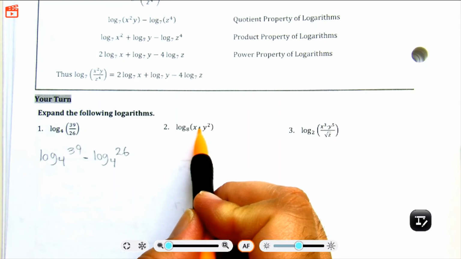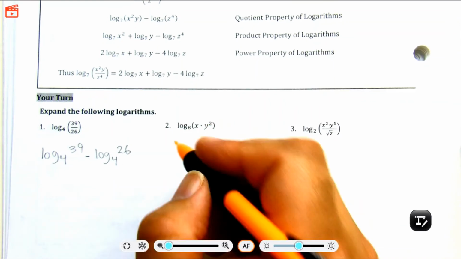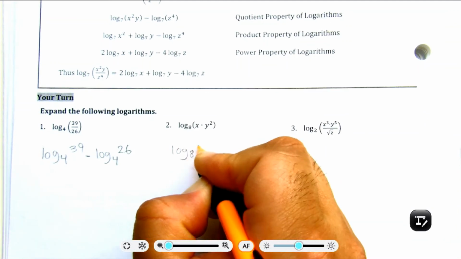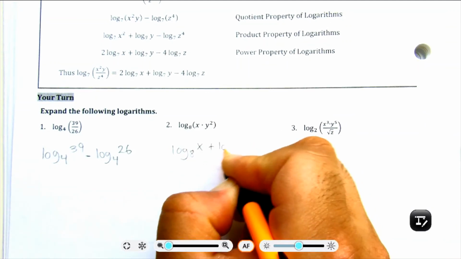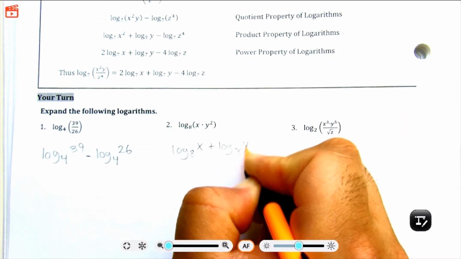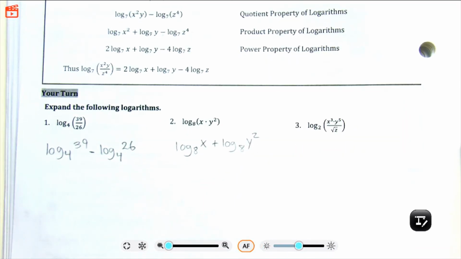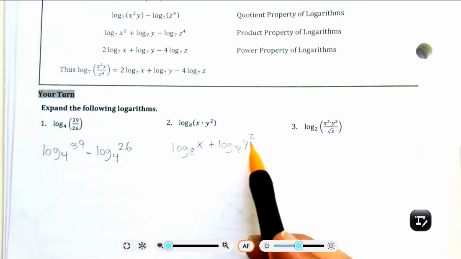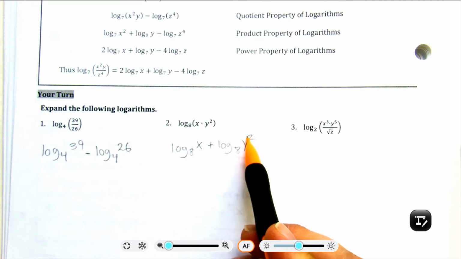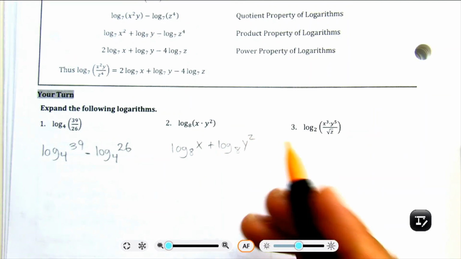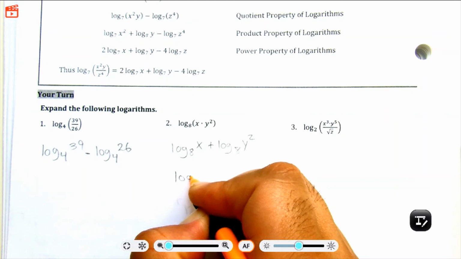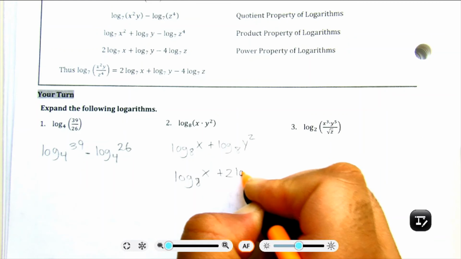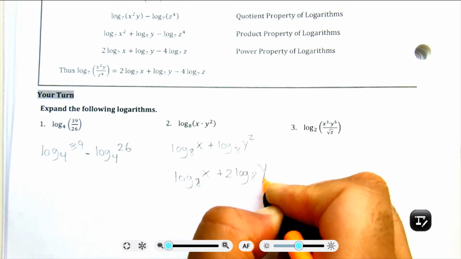So then we're going to have log 8 of x plus log 8 of y squared. And then we're going to use the power property where we're going to put this exponent as a coefficient. And we have log 8 of x plus 2 log 8 of y. And that will be your solution.